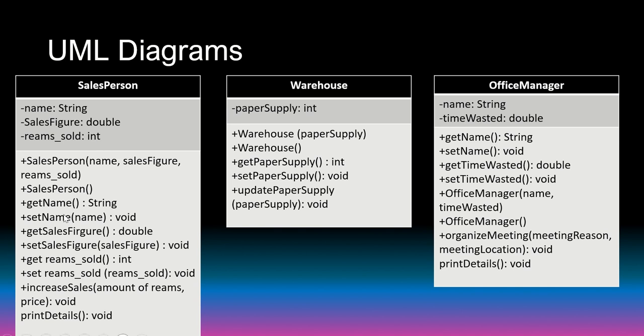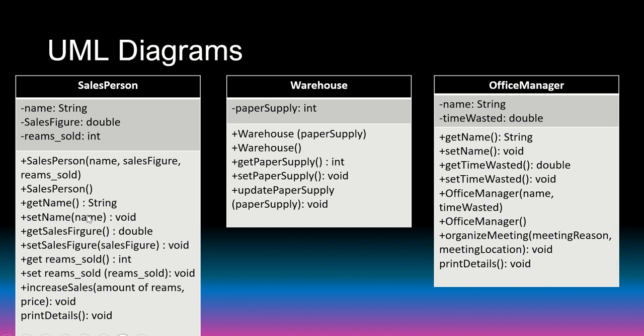Then we have our set methods. This allows us to change the value stored in any one of these attributes. So set name will allow me to change the name. I can supply a new name right here. Once I supply that new name, this method will change whatever name was previously stored to the new name, whatever is supplied as an argument to this method.